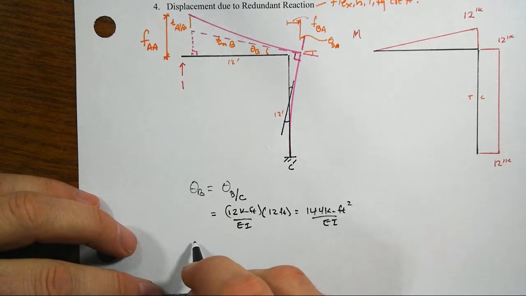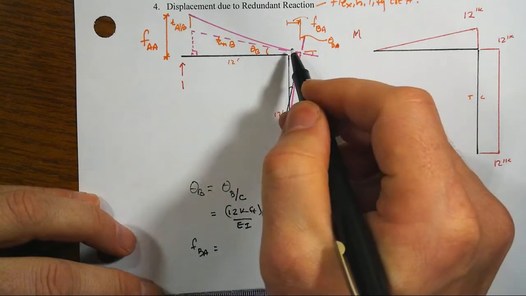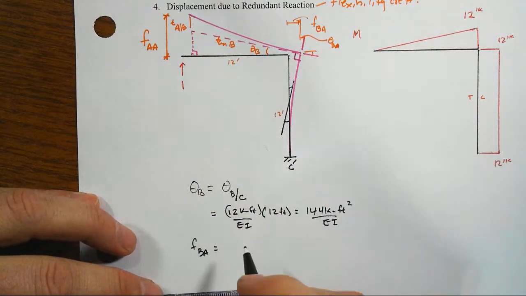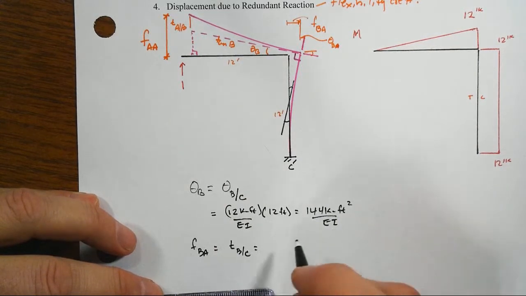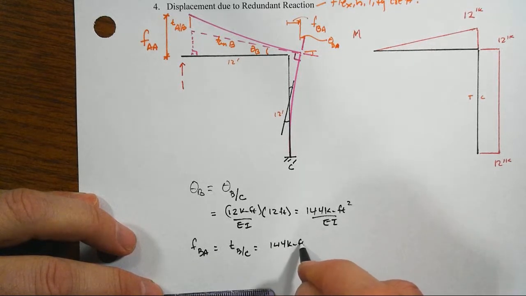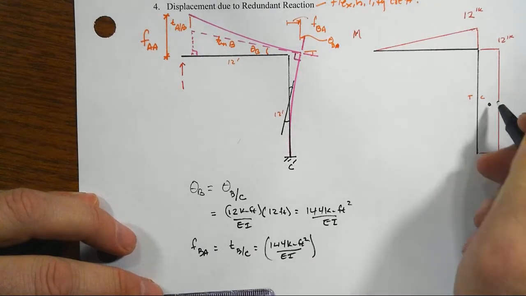While we're at it, let's go get FBA, the lateral displacement up here due to the bending of the column. That's just equal to the tangential deviation of B with respect to C. So that's that area, which is 144 kip-foot squared over EI, times that moment arm.